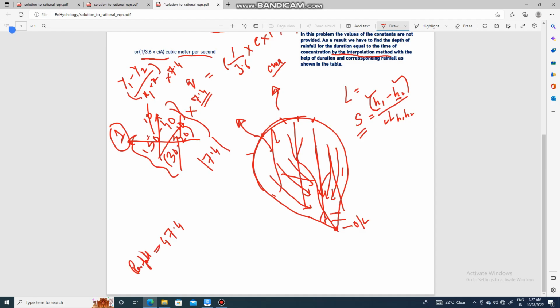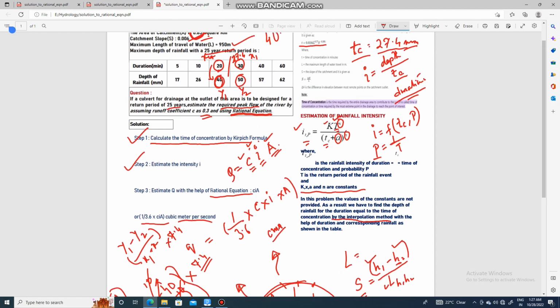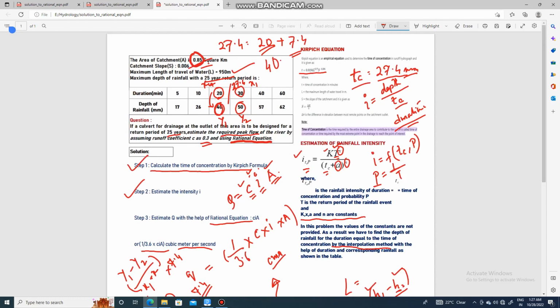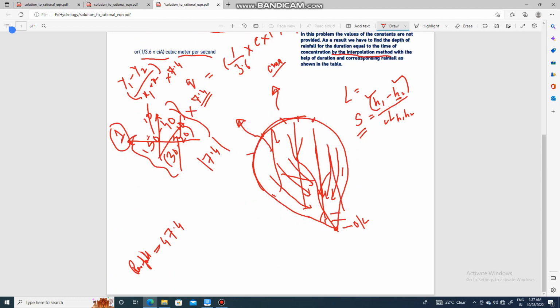Now, I have said how to find the rainfall intensity: just divide the depth of rainfall by the duration indicated by the time of concentration.